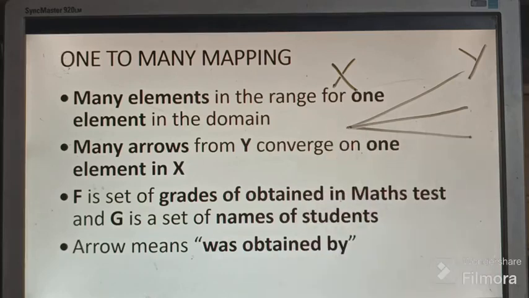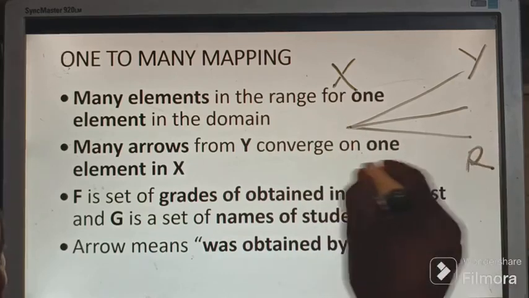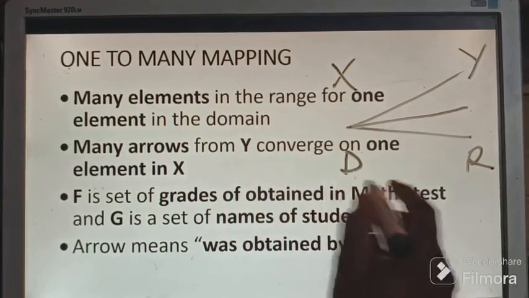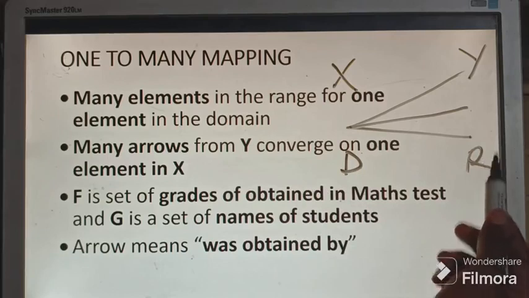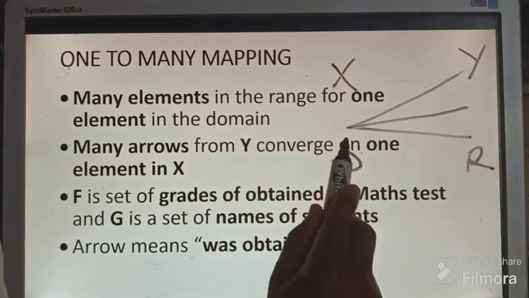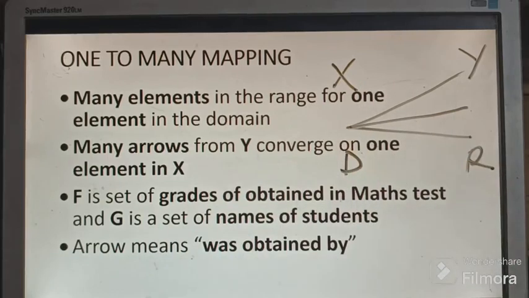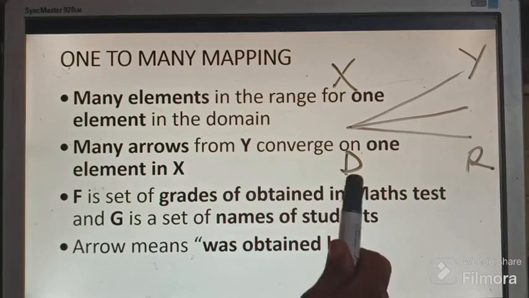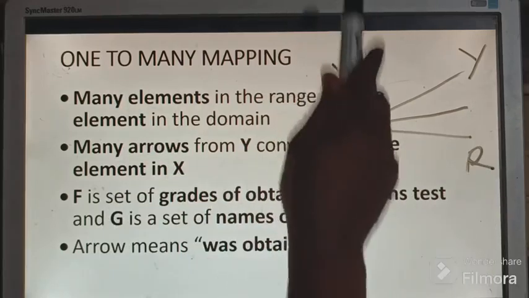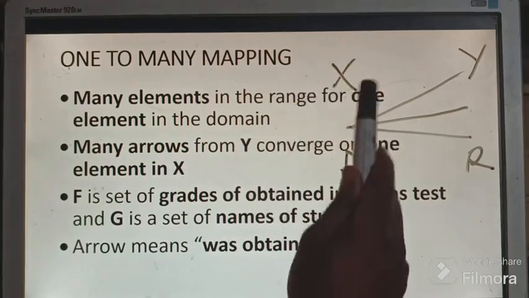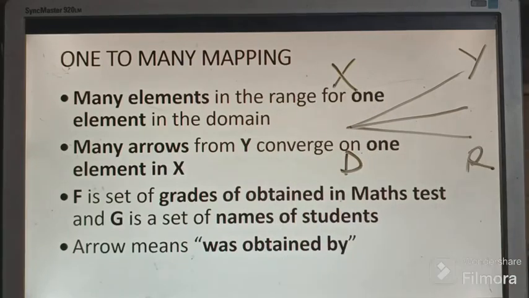So range, domain, range, domain. Many arrows from range to one element in the domain. So we are saying one to many. We always start with the domain. Input, then output. Input, output.